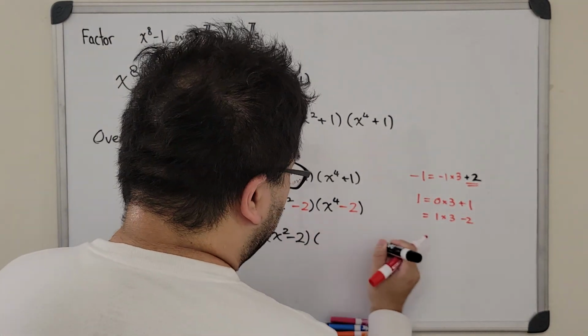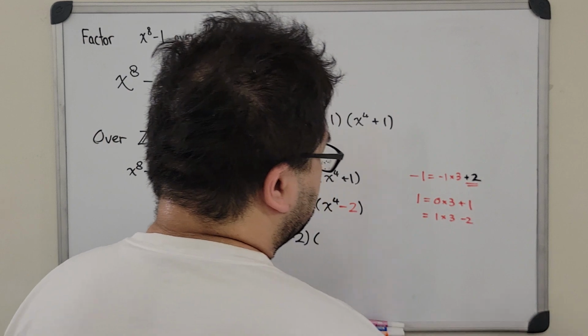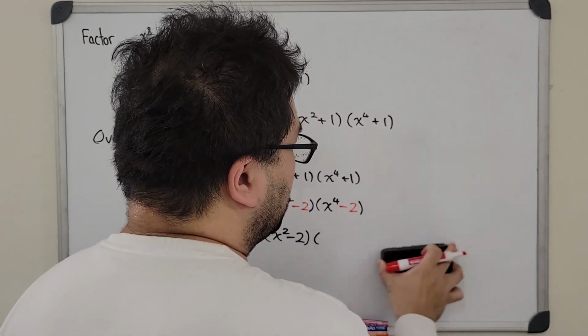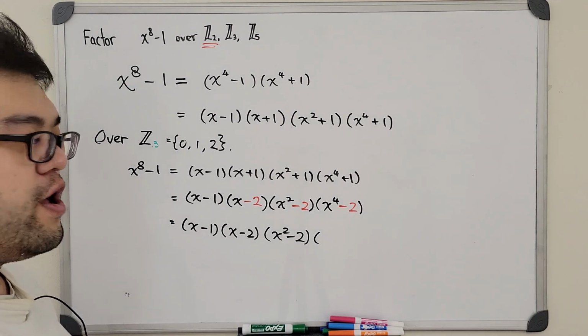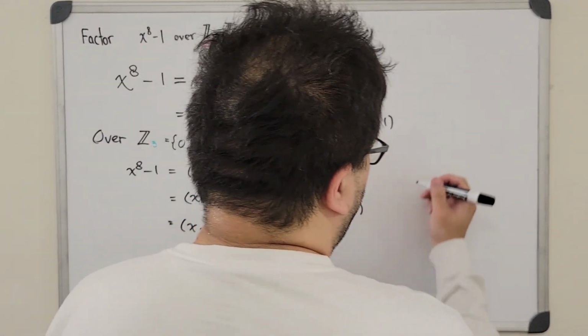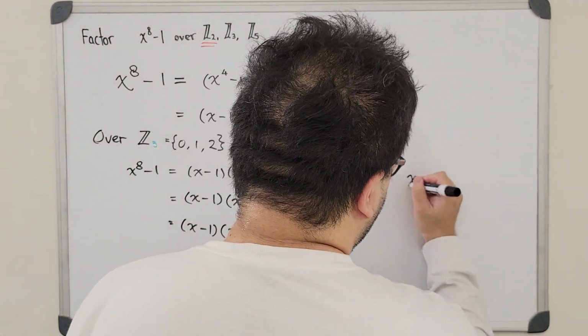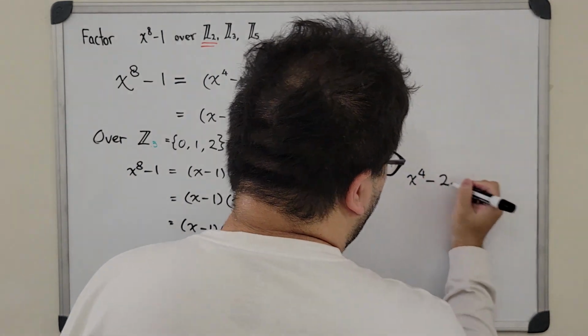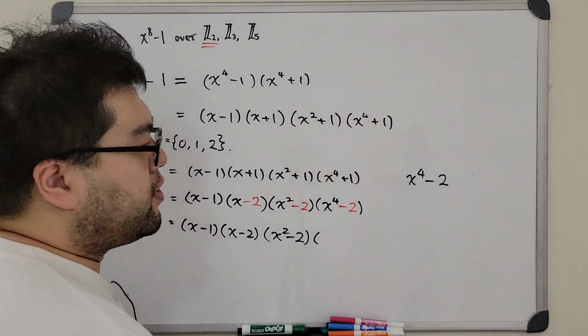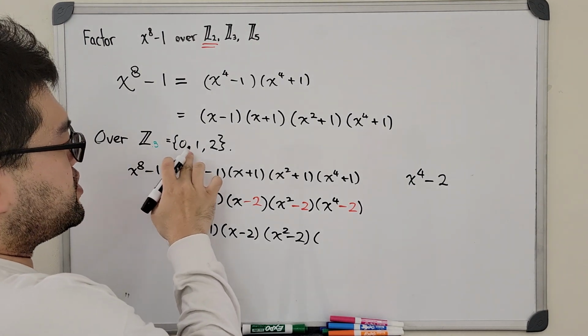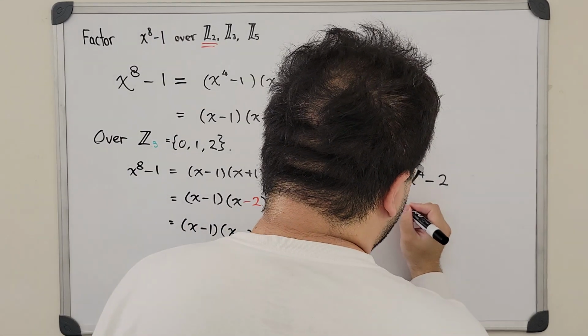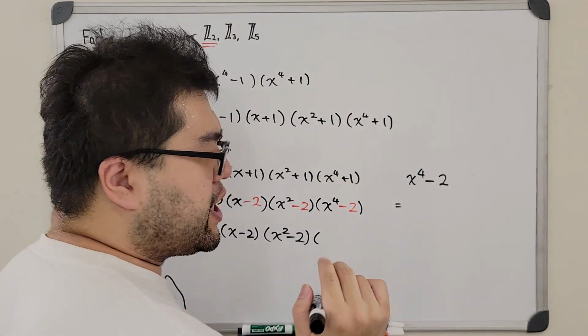And for this one, it will be a little bit tricky because we can actually break it in two ways by the definition of factorable. So suppose to the contrary that x to the 4th power minus 2 is factorable over Z3, which contains 0, 1, and 2. Then we have two cases.